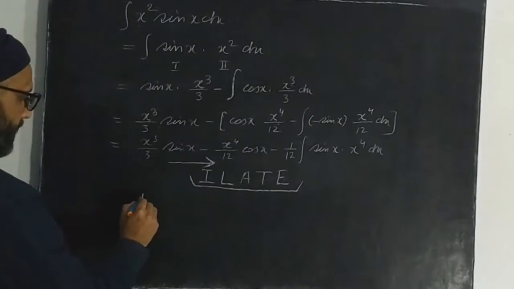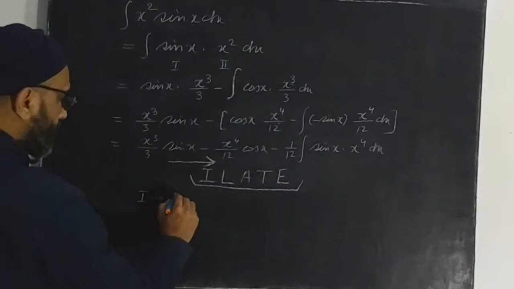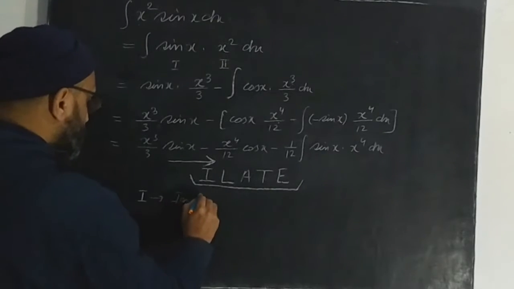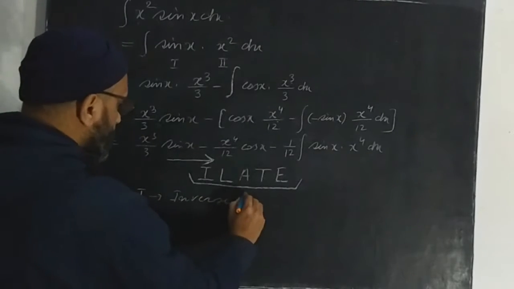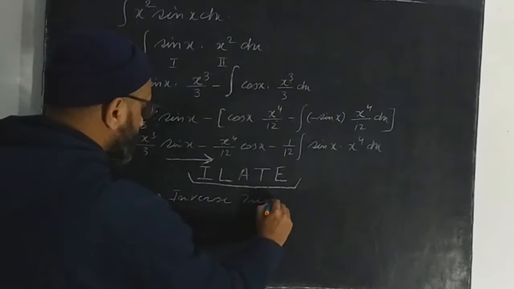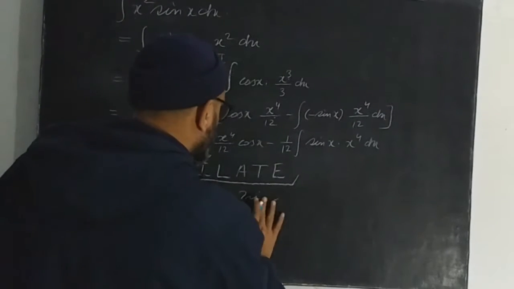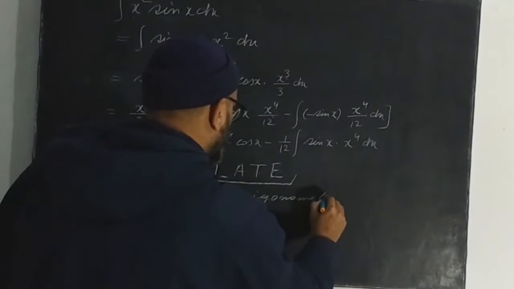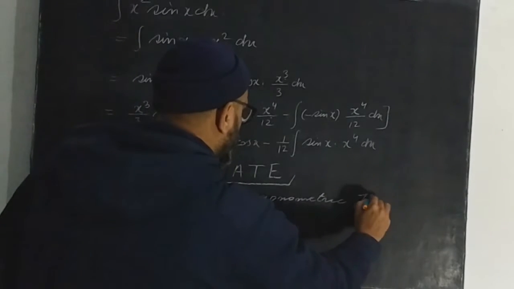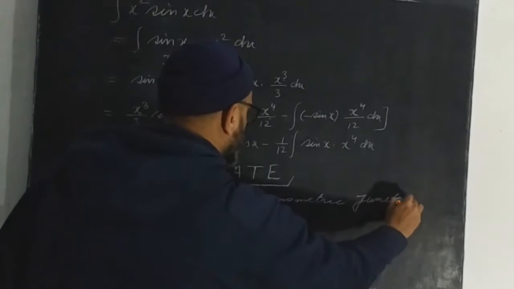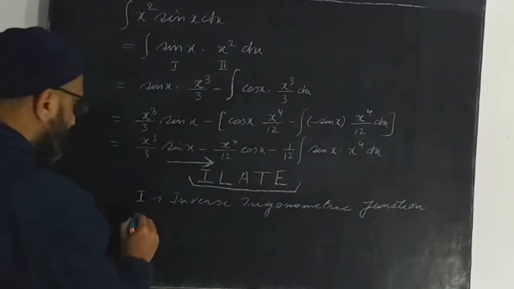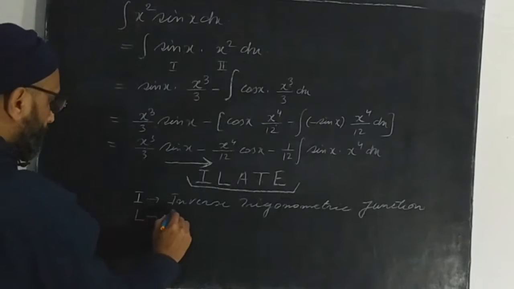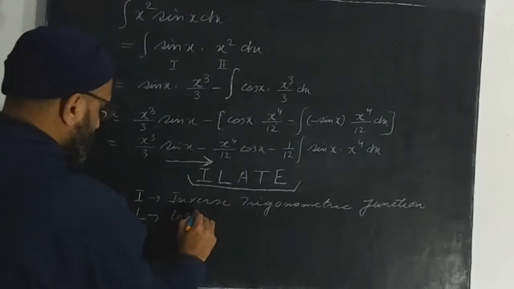And here what is I? I stands for inverse trigonometric function. L stands for logarithmic function.